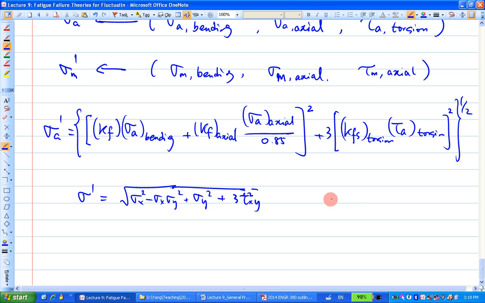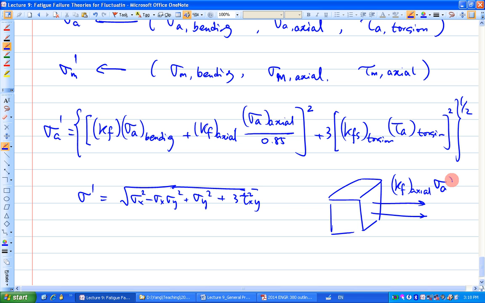It's as if you have a stress element here. We're dealing with basically most of the 2D planar stress. So there are two components here. One component is this Kf axial, sigma A axial, due to the axial loading. And the other one is Kf bending, sigma A bending. I missed the bending earlier.